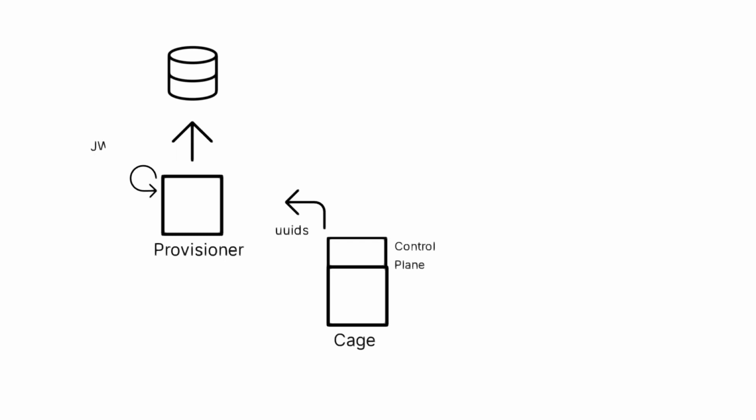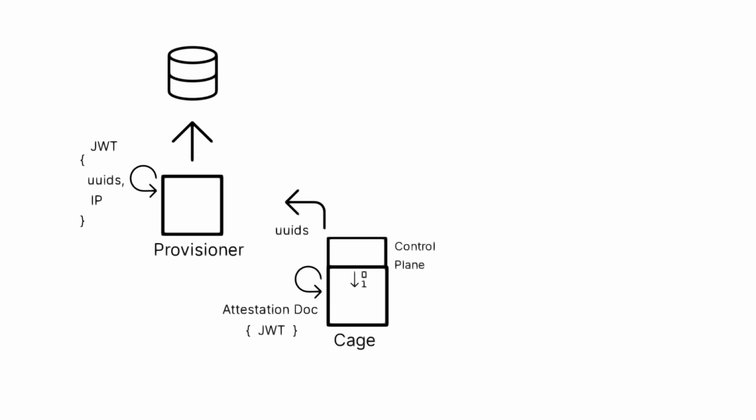The JWT contains the UUIDs to identify the cage and the IP that the JWT was issued for. That gets sent into the cage, which then produces an attestation document. That attestation document contains that JWT.